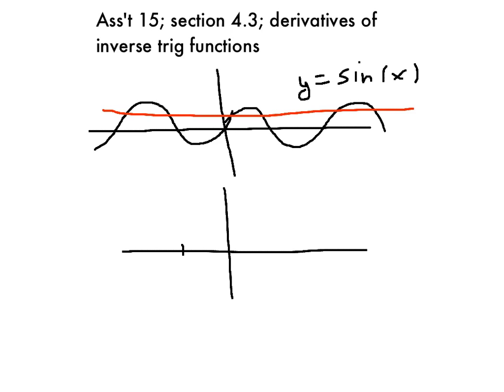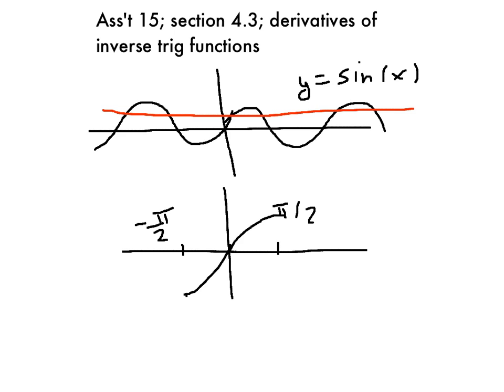And we restrict it to the domain minus pi over 2 to pi over 2, and we get a graph which looks like this.